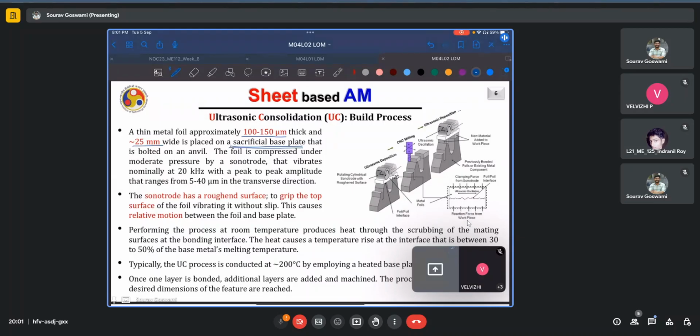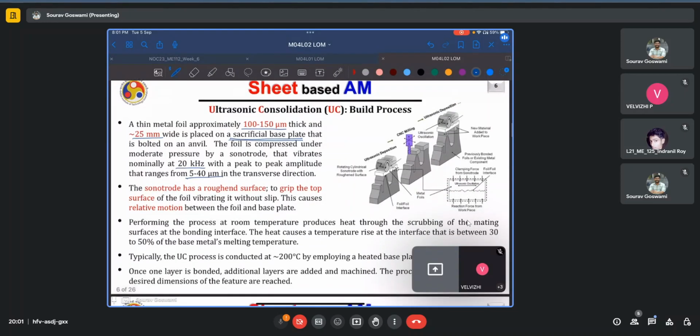The foil is compressed under moderate pressure and vibration of 20 kilohertz. The amplitude values in this case may range between 5 and 40 micrometers. And the sonotrode is provided with a rough surface, usually by some process like knurling.